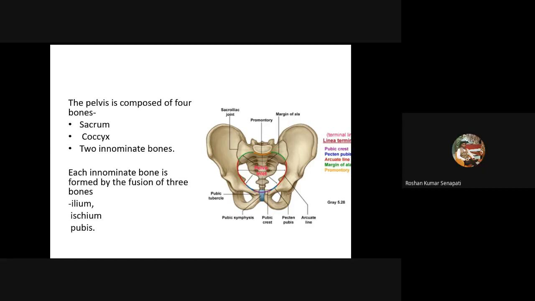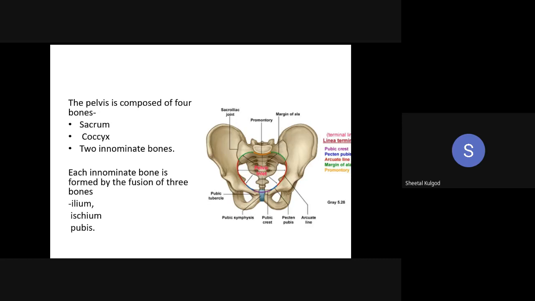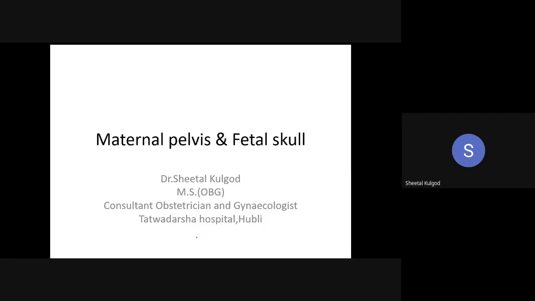Yes, ma'am. Okay, fine. So today we'll be discussing the maternal pelvis and the fetal skull, which is of very important significance. You have to understand the pelvis and the fetal skull in order to understand the anatomy, which is directly related to the events in labor, that is the mechanism of labor, the delivery, and all those things.